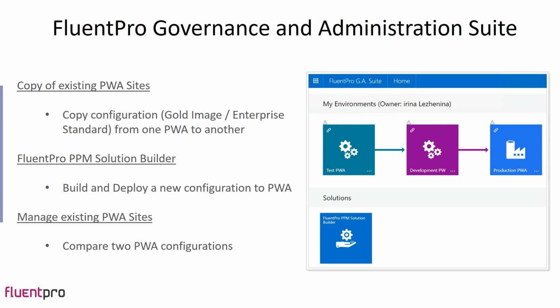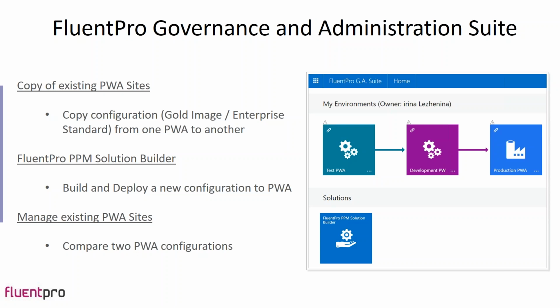And as you already have the configuration on several PWAs, you can always compare one PWA to another on the configuration level and check either if the upload process was successful or if you performed any changes further on one of the PWA environments. You can always see what these changes are and what the data you need to upgrade to your PWAs.